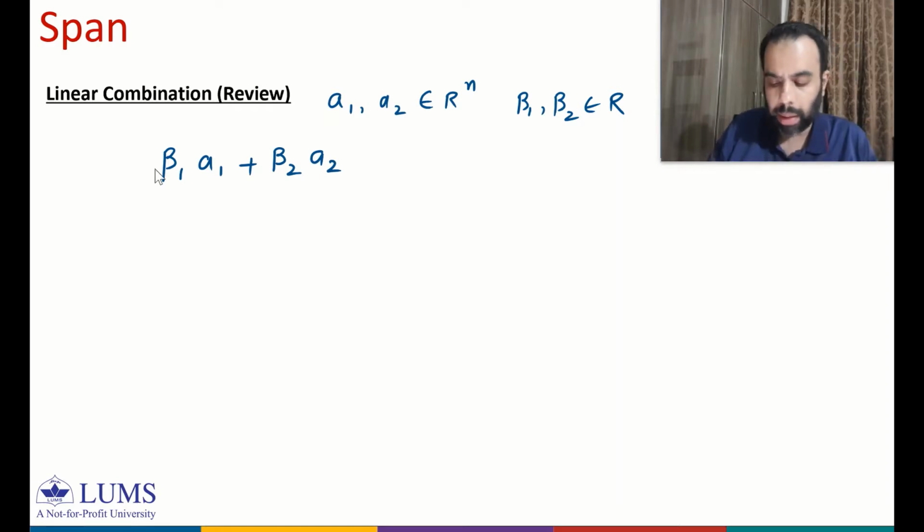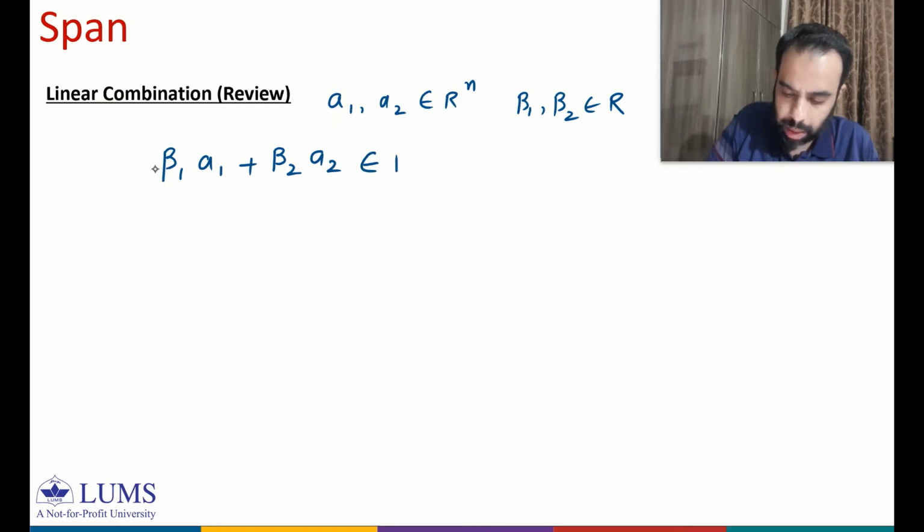This is a linear combination of vectors a1 and a2, where beta1 and beta2 are scalar coefficients. And we know that this also represents a vector that belongs to Rn.